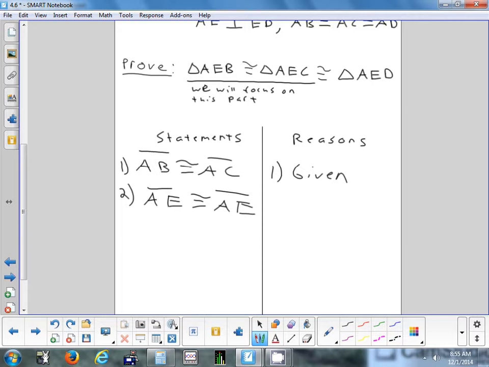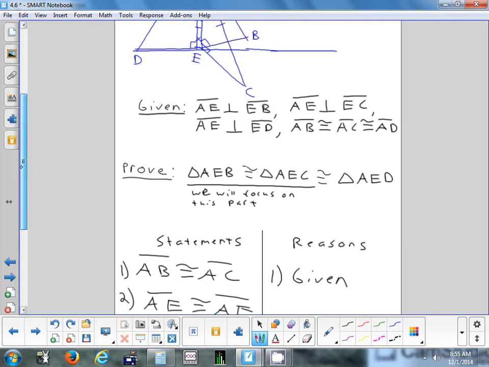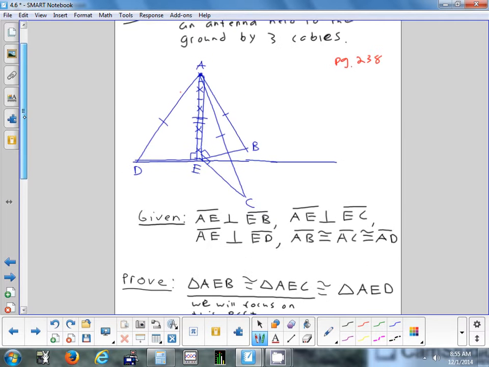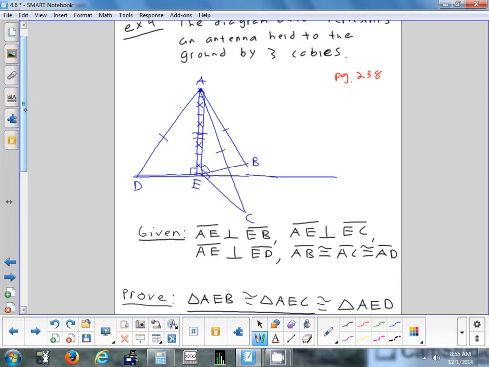So we've got 2 sides. And if you're going to use the hypotenuse leg theorem, which kind of looks like the direction we're going in, you have to make sure you say that you have right triangles. If you don't say you have a right triangle, then that theorem doesn't apply. So that's probably the next thing we should say.